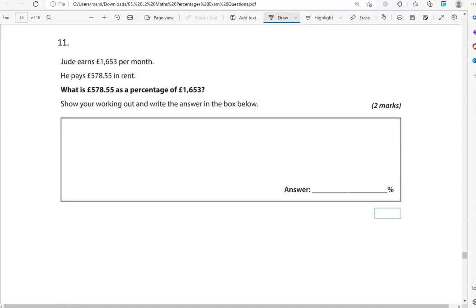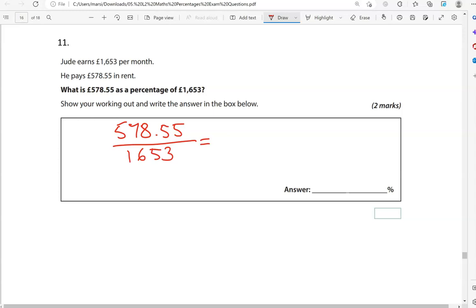Jude earns £1,653 per month. He pays £578.55 in rent. What is £578.55 as a percentage of £1,653? Show your working out and write the answer in the box below. So it's 578.55 out of 1,653.